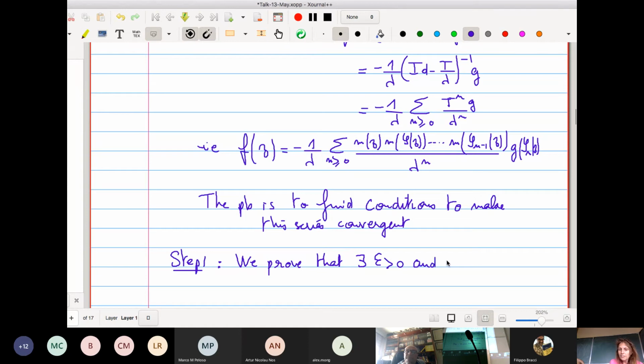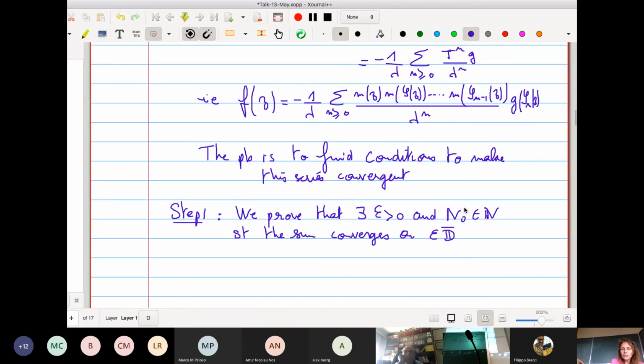What helps a lot is that we can find an integer n0 such that the sum converges on a small neighborhood of 0, so epsilon times the closed unit disk, and so the n0 appears here because we can do that for g in the set of functions which are 0 with multiplicity n0 at 0.